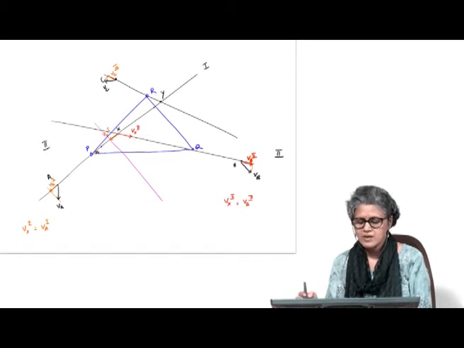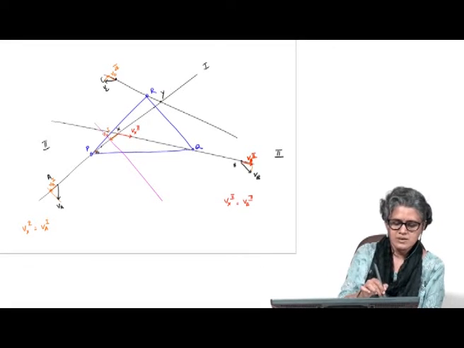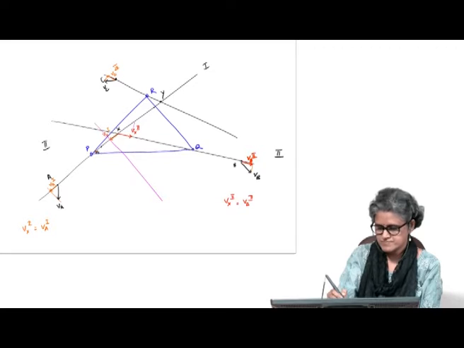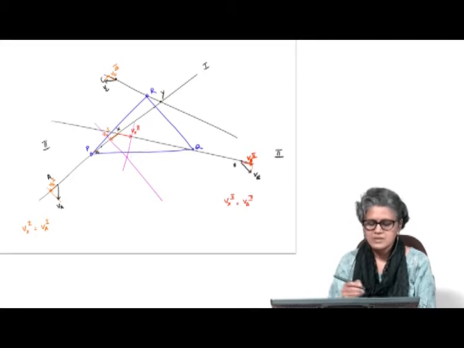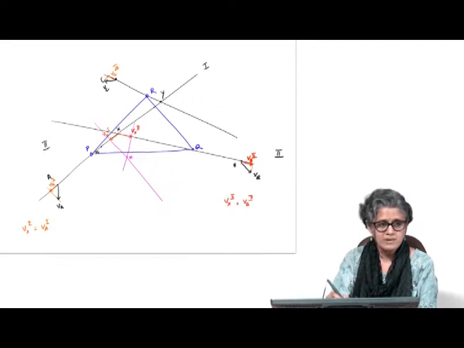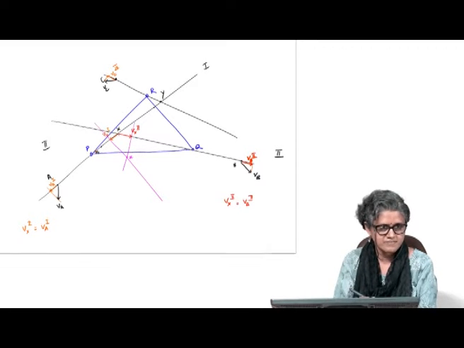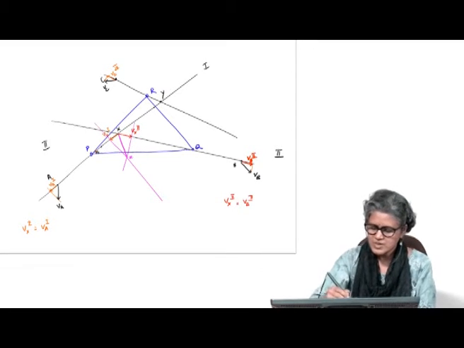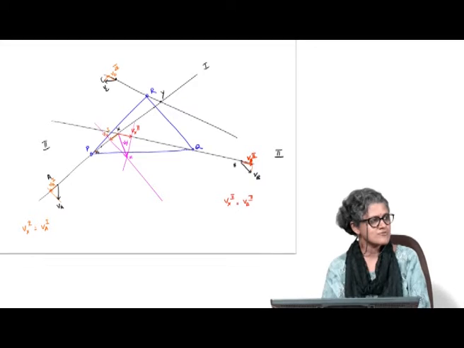If I construct a perpendicular to this, what would this point be? This is the velocity of x.